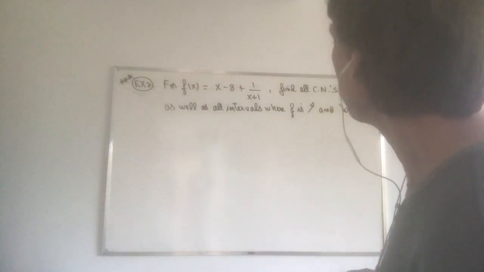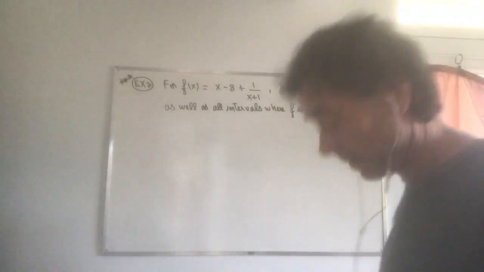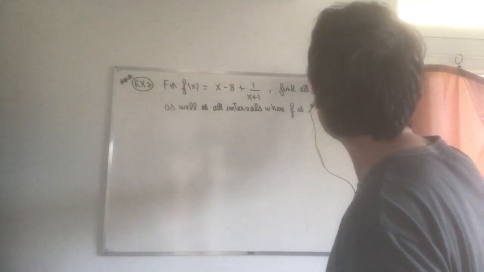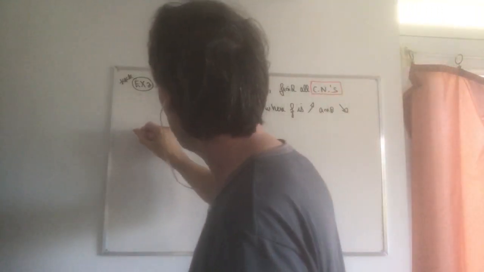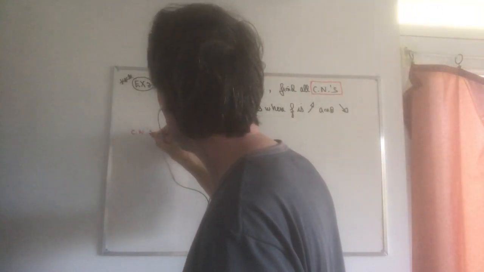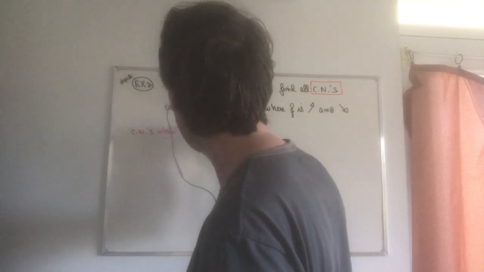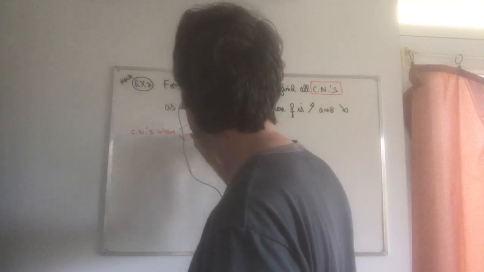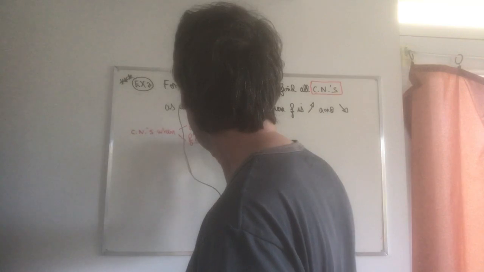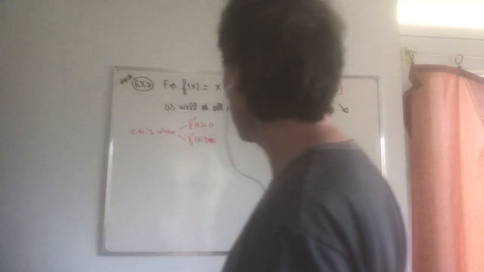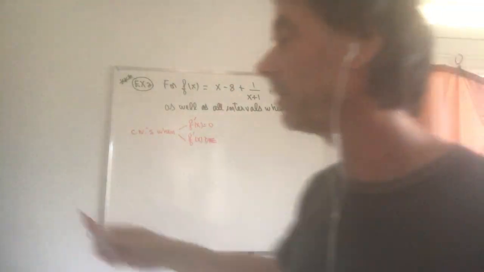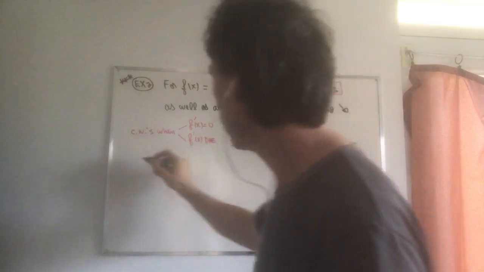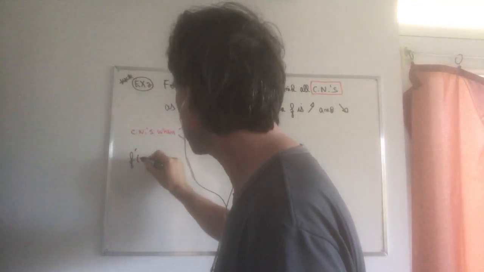Okay, so what do critical numbers mean? Critical numbers happen when either f prime is 0 or f prime does not exist. Either way, I know that I have to calculate f prime. So what is f prime of x?